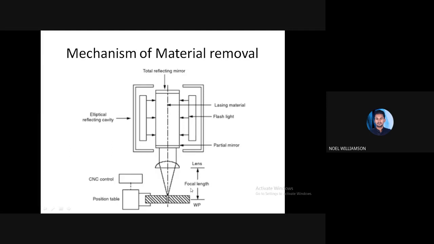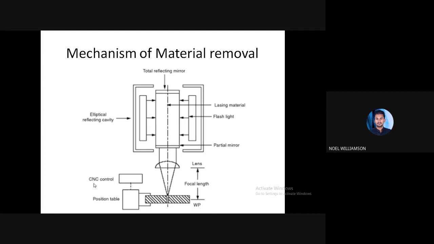You can see the focal length; we can adjust it by adjusting the focal length. Then the workpiece is cut, and the machine axis can be moved using various CNC controls.